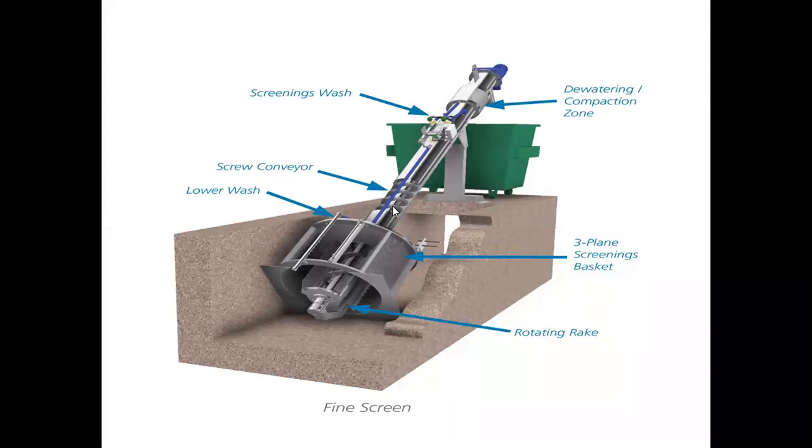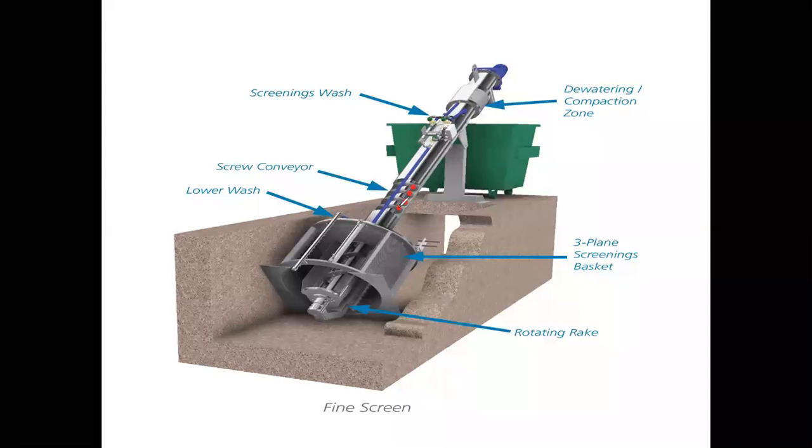Screw conveyor, are you able to see these screw conveyors? One, two, three, four spirals are there here, and they are also available in this portion. So what does this screw conveyor do?